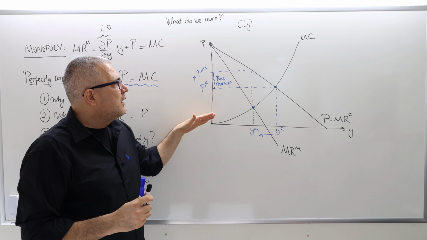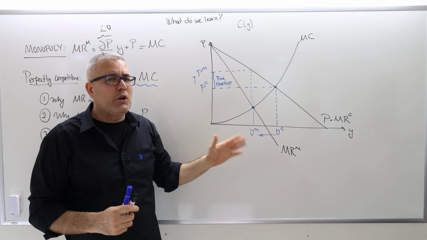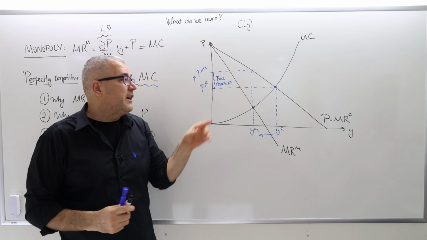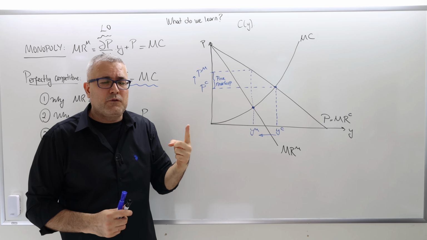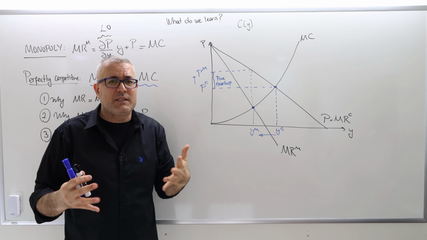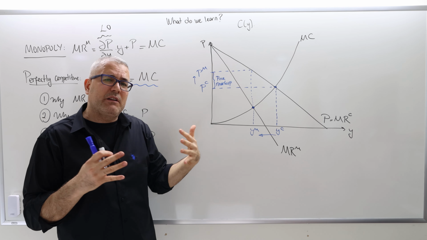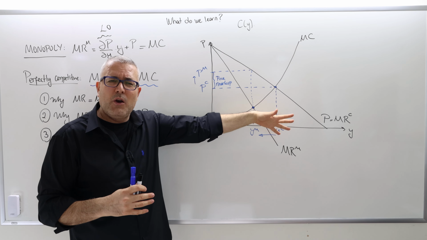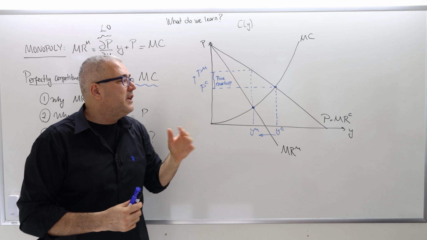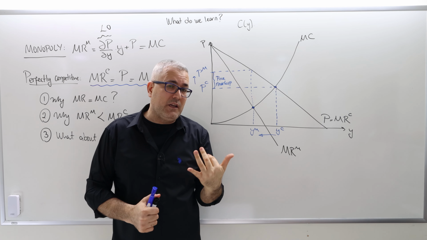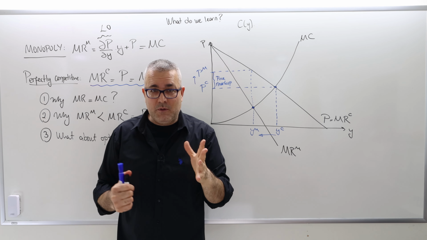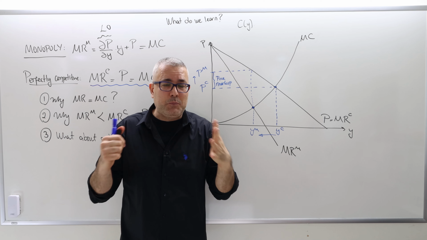So how come this is the marginal cost curve of one firm? Therefore, this is the supply curve of one firm. What about the other sellers? The market supply, the aggregate supply, should be larger than this. Good question. So here we are actually cheating. I just wanted to make that explicit.